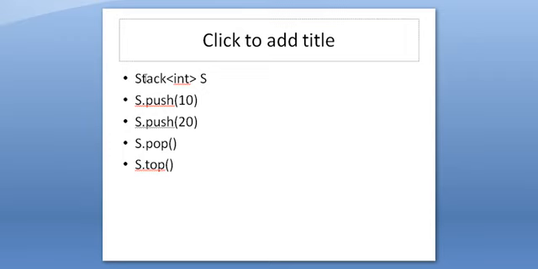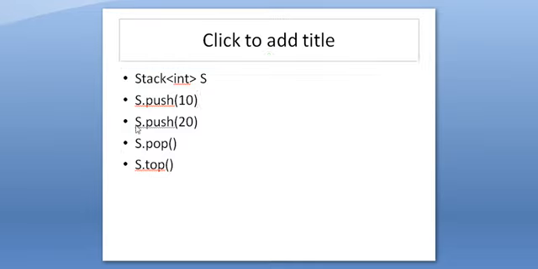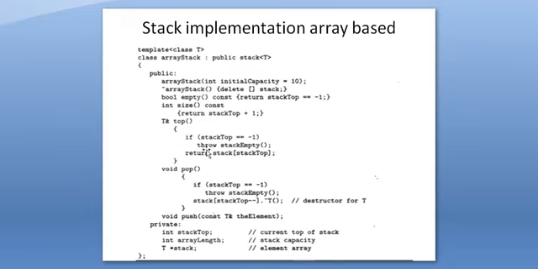Let's try to understand this. Rather than stack, let's call this array stack, with integer data type, and the object is s. Don't get confused, this is array stack. First, when we create a stack, suppose I had an instruction below this as s dot top, you are going to go to this location, and here stack top.